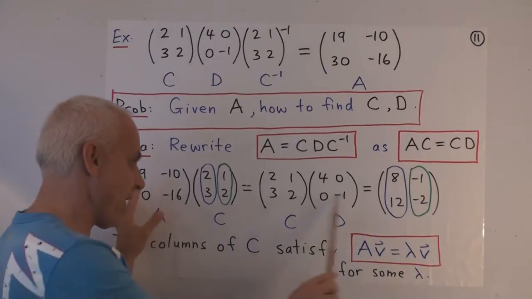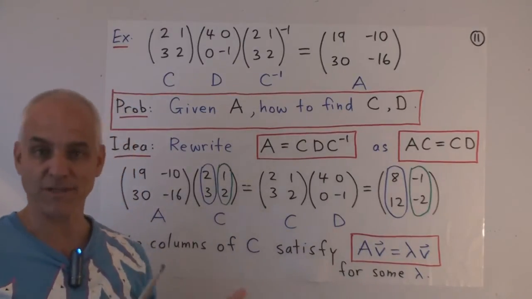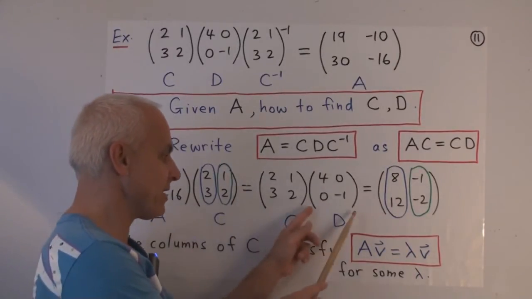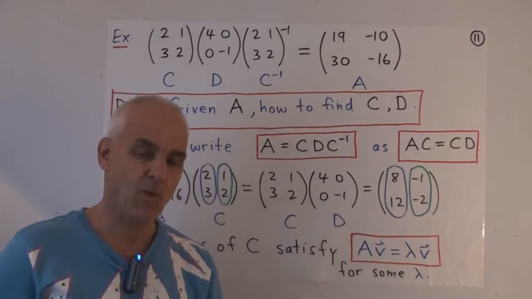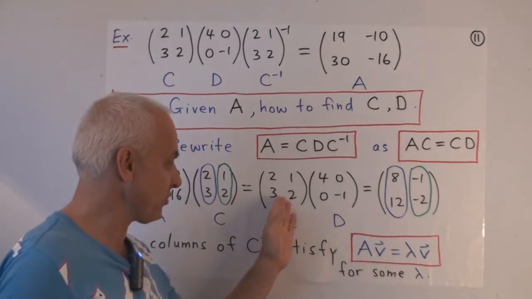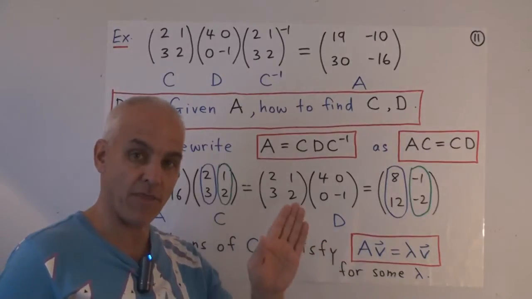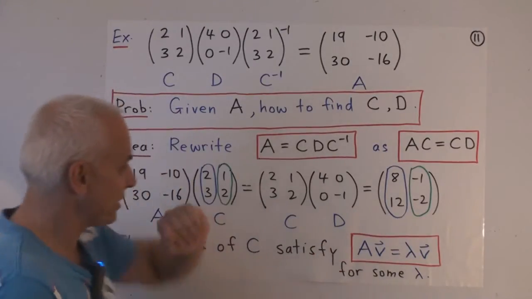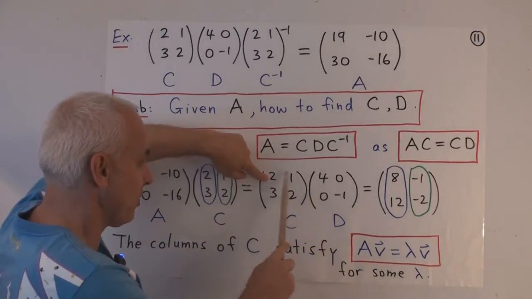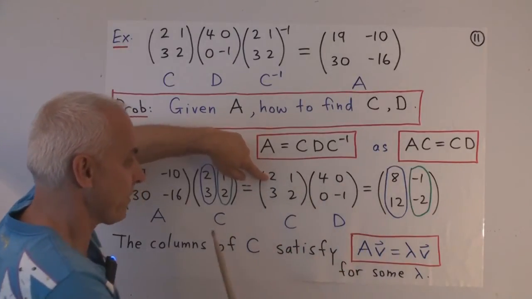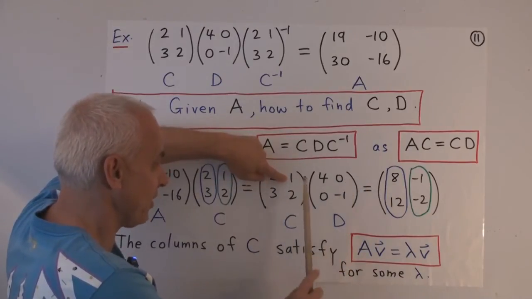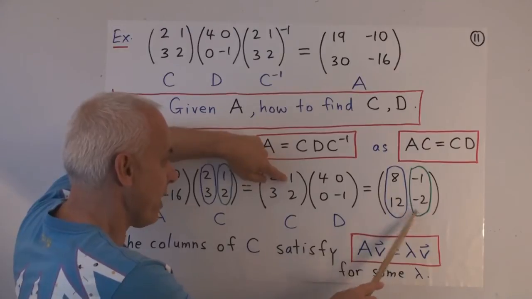So let's have a look at what happens when we look at both sides of this equation. When we multiply C by this diagonal matrix D, we get the situation that we've talked about before, multiplying a matrix by a diagonal matrix on the right. And what happens is that the first column gets multiplied by the first diagonal entry, so it becomes 8, 12. And the second column becomes multiplied by the second diagonal entry, so it becomes -1, -2.